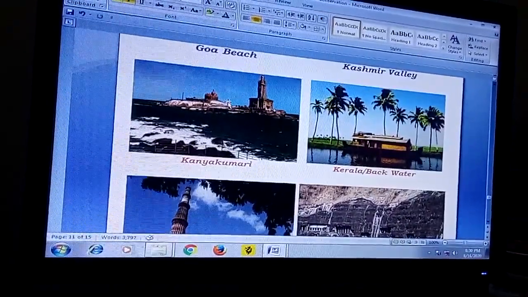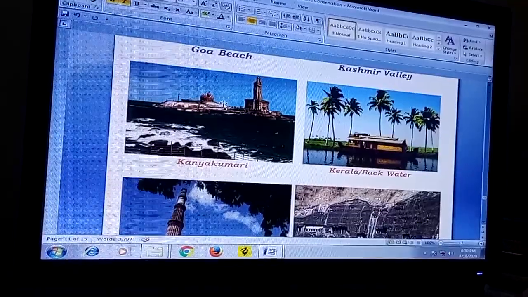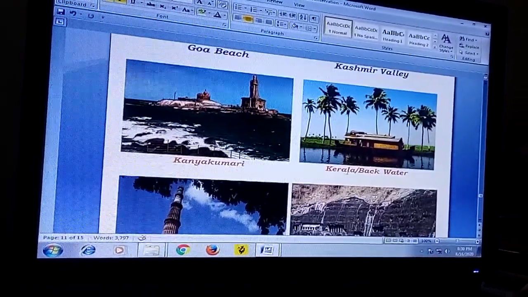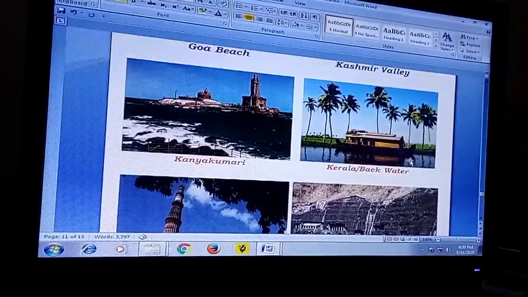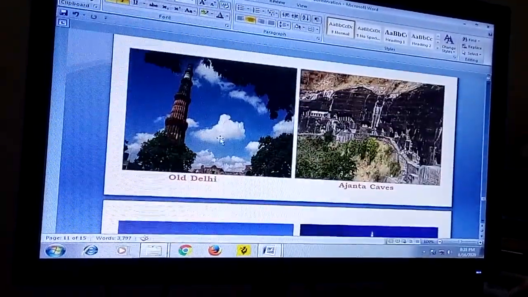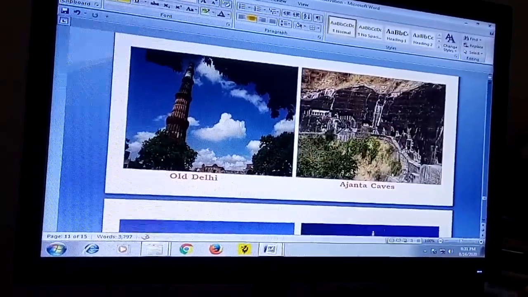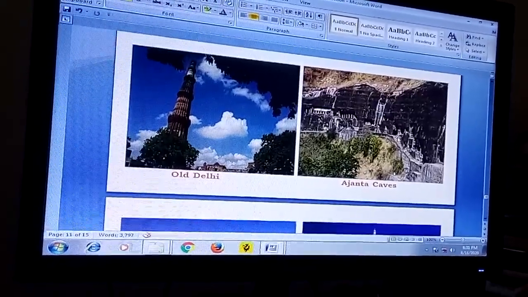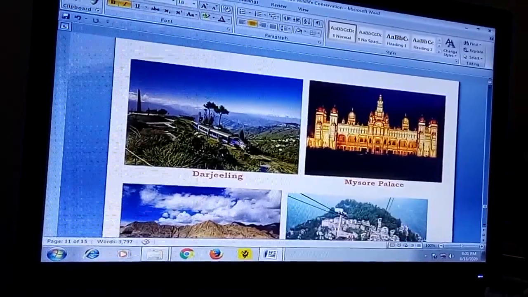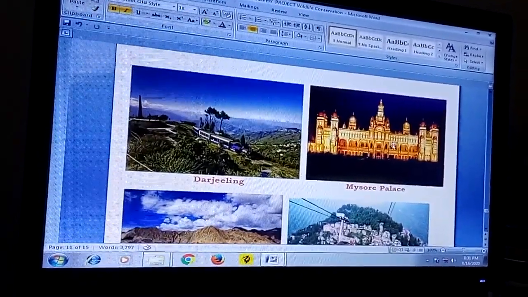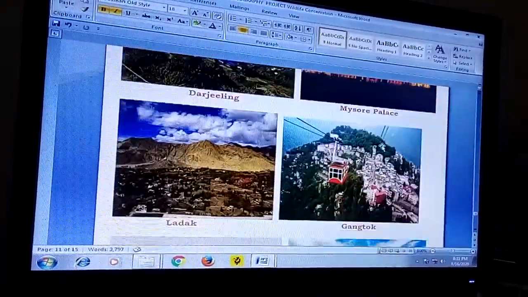This is the place where Vivekananda sat for his meditation. Now this is Kerala's backwaters, very famous. This is Old Delhi. This is Qutub Minar, Ajanta caves. Darjeeling, the toy train. The Mysore Palace is a very famous, attractive place.